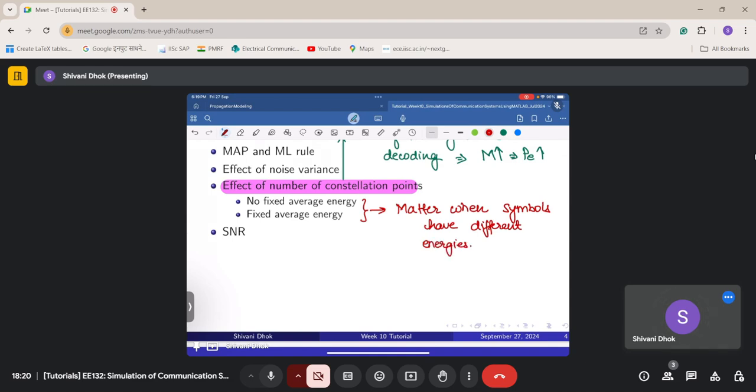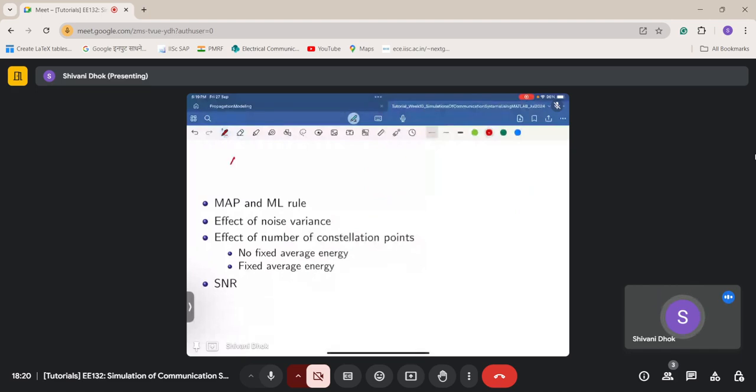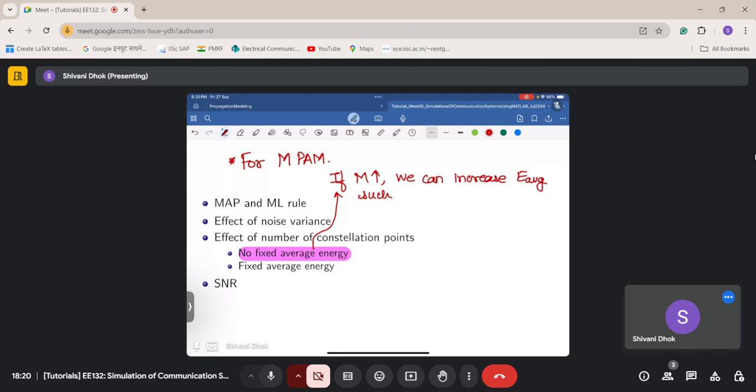Okay. So now this point I'll be writing for M-ary PAM. So here for no fixed energy, if M is increased, we can increase average energy such that probability of error increases marginally.